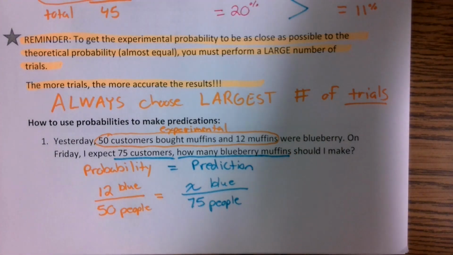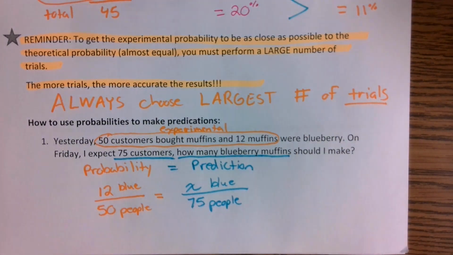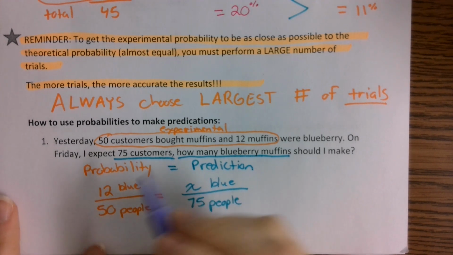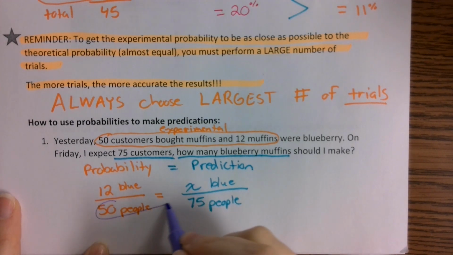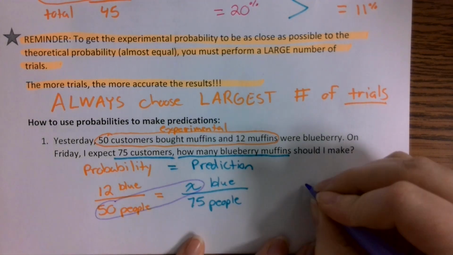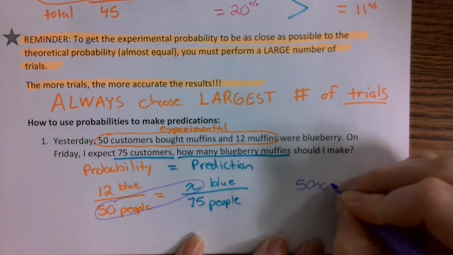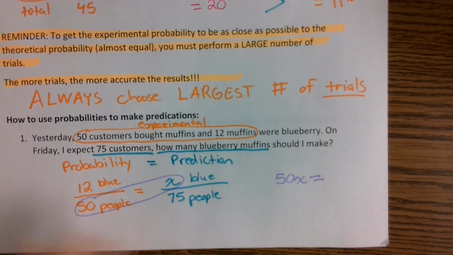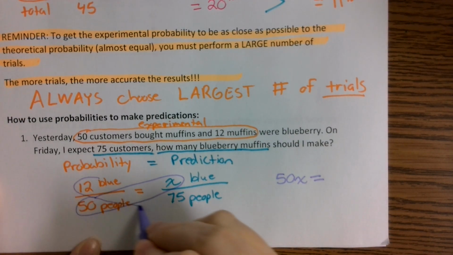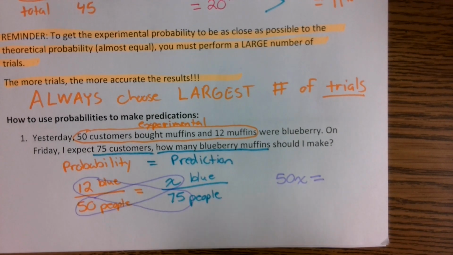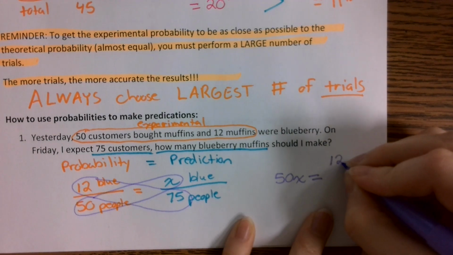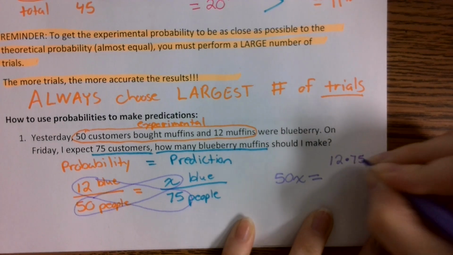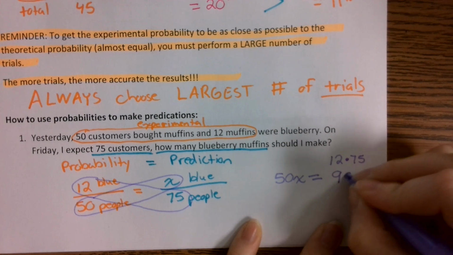Remember, when we are solving, we do our cross product first. So we're going to multiply 50 times the X to give us 50X. Then we're going to multiply 12 times 75, and 12 times 75 comes out to 900.